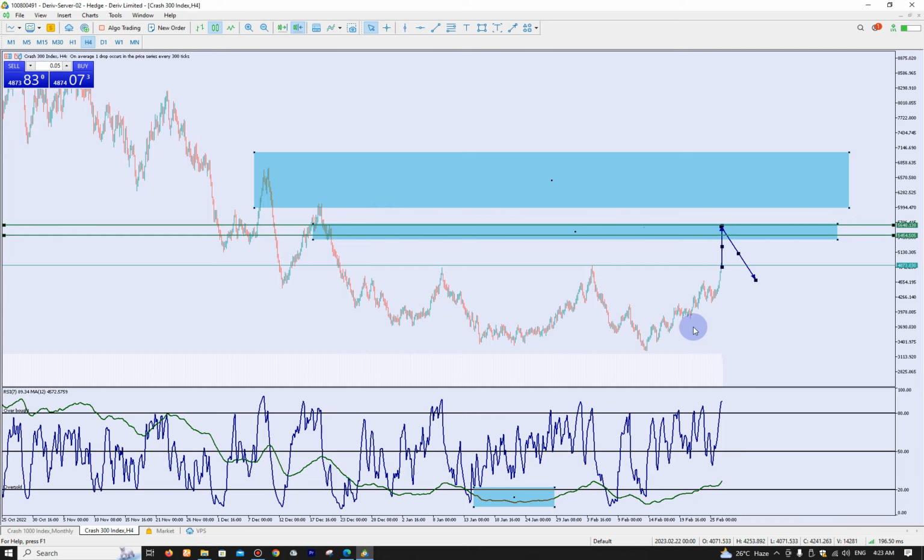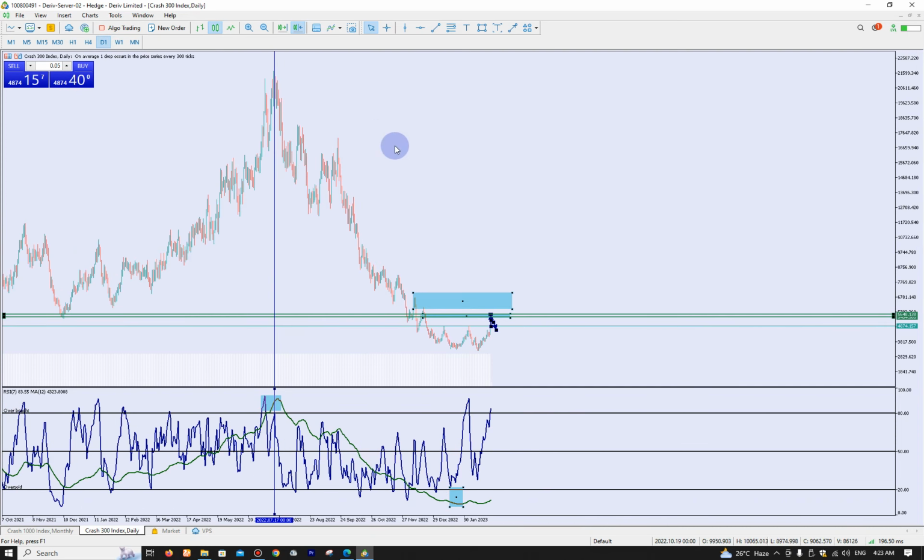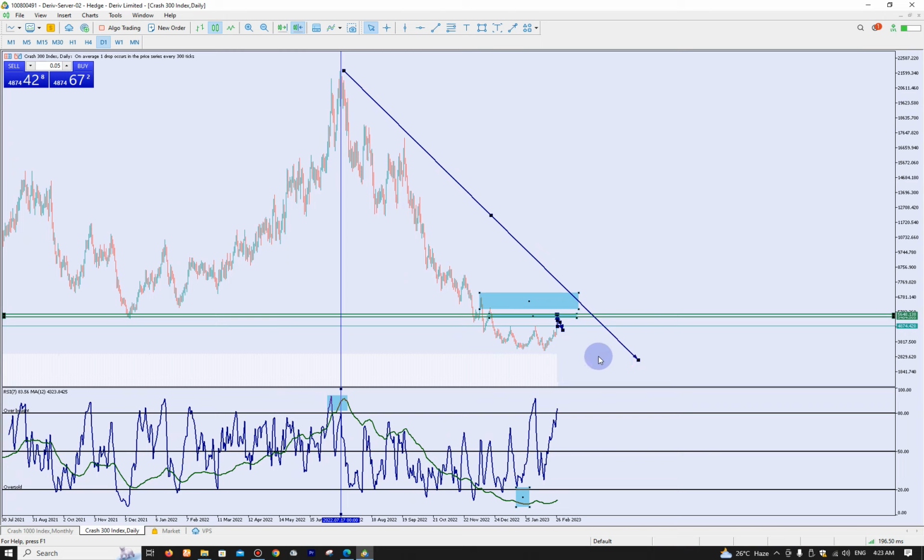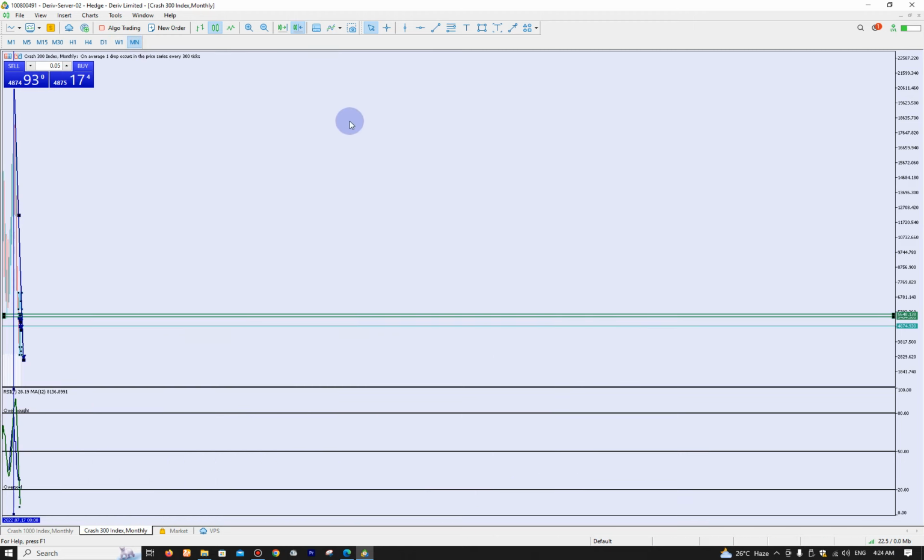One thing with forex, if you really know how these things work, forex moves in a zigzag direction. Since we are in a downtrend, you can actually have something like this, a very strong continuation, or this could be a strong reversal where price is going to go up.